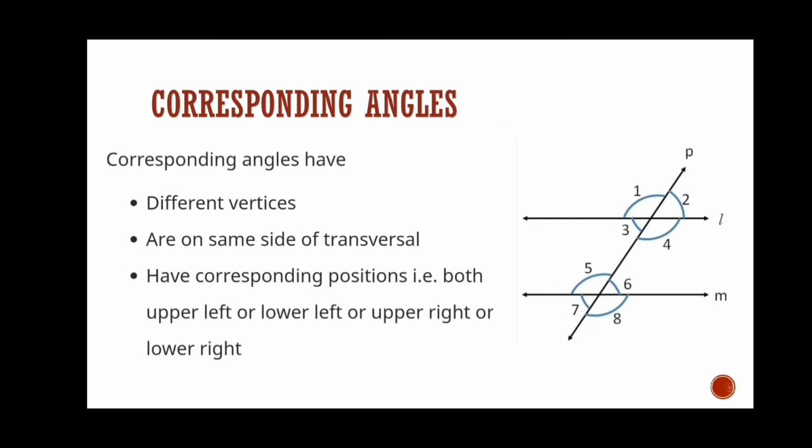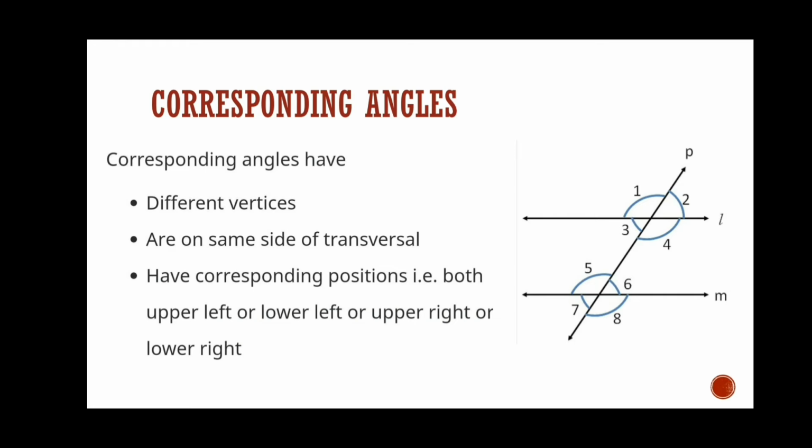Now the next type of pair of angles is corresponding angles. Corresponding angles are those angles which have different vertices, are on the same side of the transversal, and have corresponding positions. It means both upper left, or lower left, or upper right, or lower right. So let's understand this point.